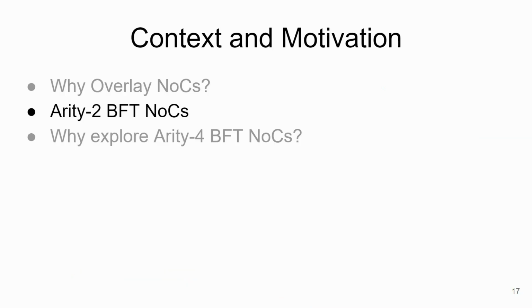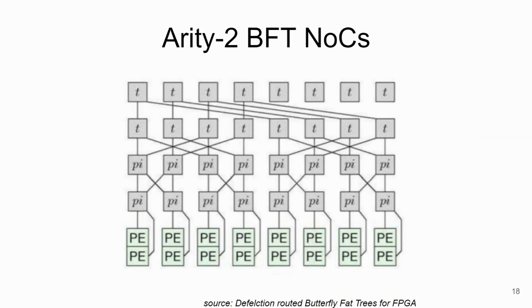We now quickly introduce the Arity-2 butterfly fat tree NoCs with flow control, which we build upon. So the Arity-2 BFT NoCs are hierarchical structures where the network clients are present at the bottom of the hierarchy and are connected by layers of pi and T switches, where pi switches have two bidirectional links facing downwards in the hierarchy and two links facing upwards, while T switches have only one link facing upwards.